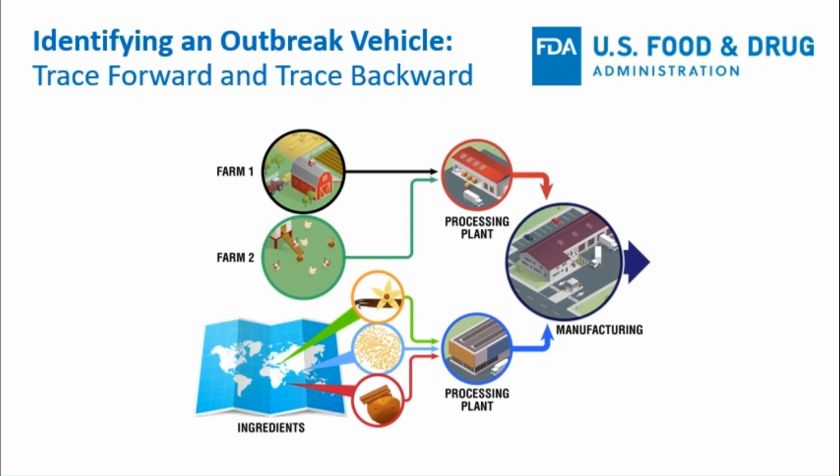And the other, what we say, trace forward and trace backward, is where did that food go? And the goal is to find out where the contamination had occurred, the root cause, and all of the foods that received that contaminated product. And the goal is to remove the contamination from the food supply.